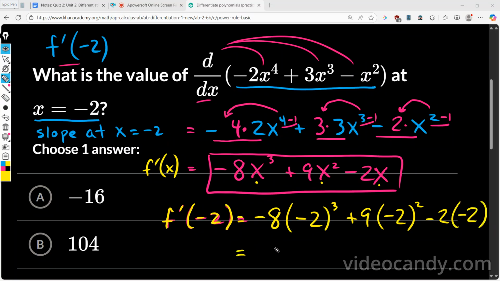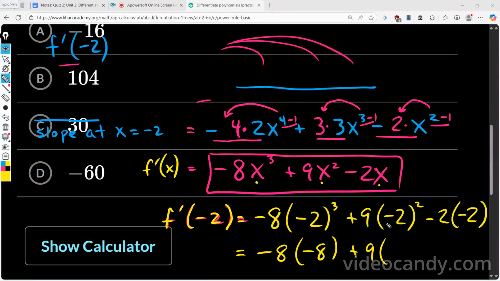All right. Negative 8 and negative 2 to the third is also negative 8. Positive 9 and negative 2 squared is positive 4. Negative 2 times negative 2 is positive 4.